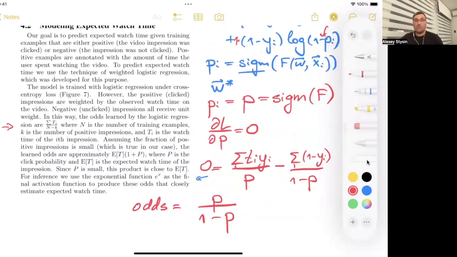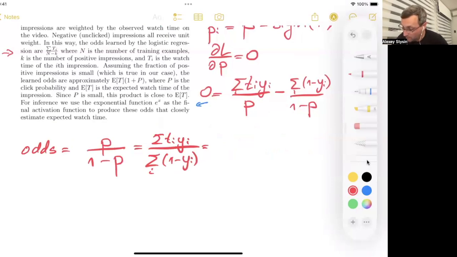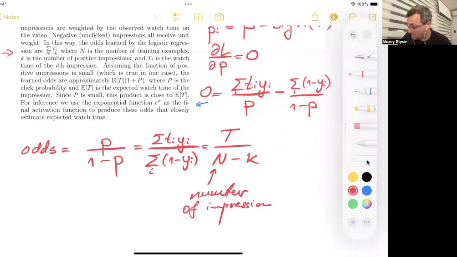And we can see that this is the sum of ti times yi over the sum of 1 minus yi, and this is equal to the total watch time, T, divided by n minus k, where n is the number of impressions, and k is the number of clicks.